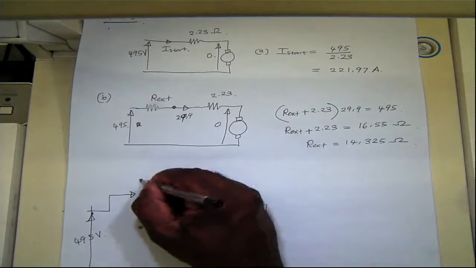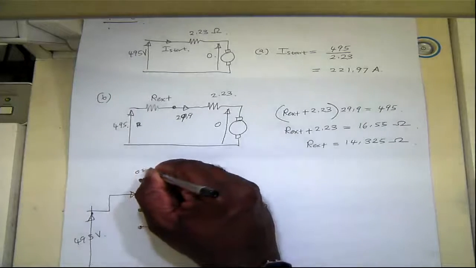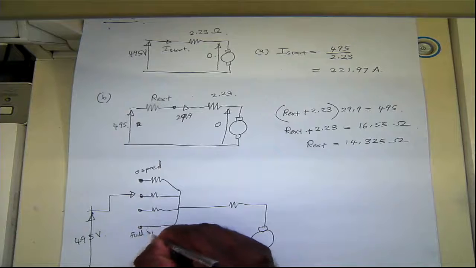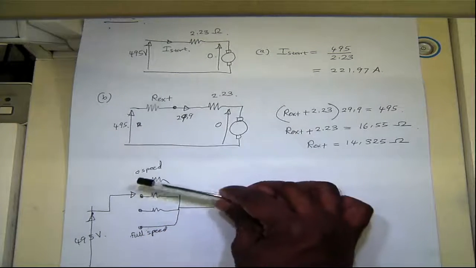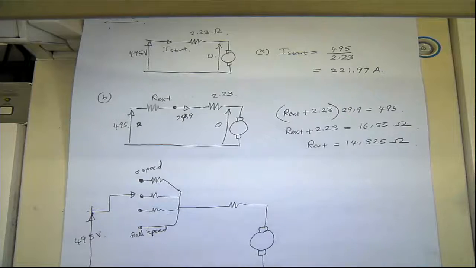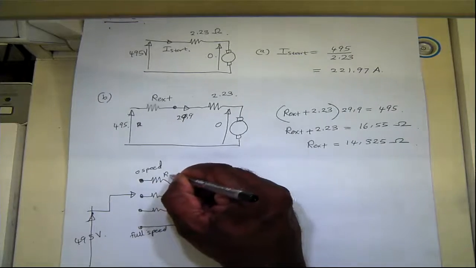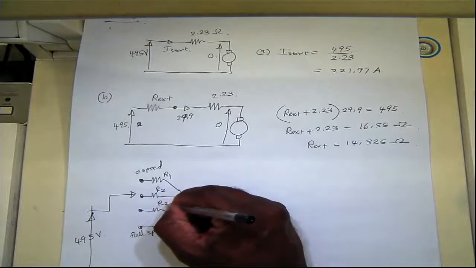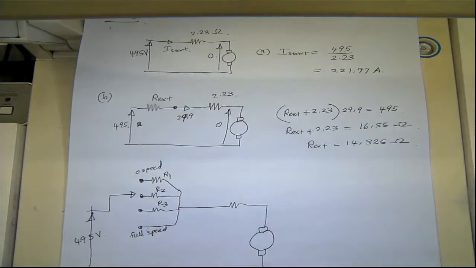So this is, let's say, at 0 speed, and then it grows up to full speed here. Depending on speed, this will step through resistances. You'll have a high resistance here, let's call that R1, R2, R3, and then it short circuits.